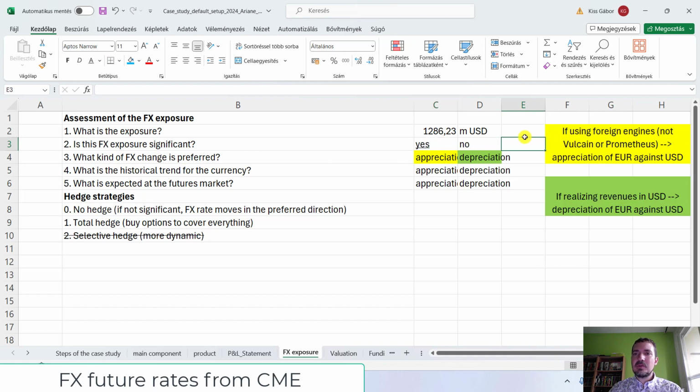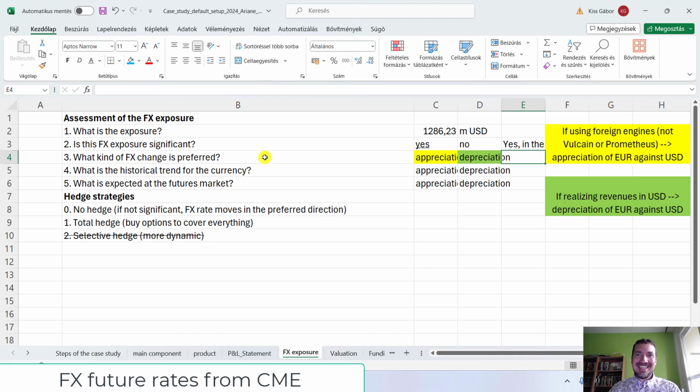Let's write here the comment that yes, in the third year 53% of our revenues depend on the foreign exchange rate.